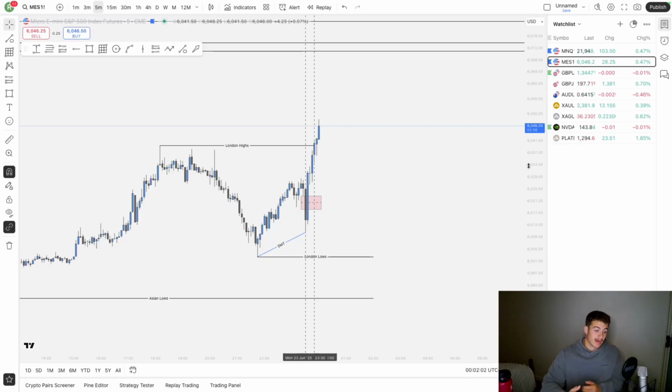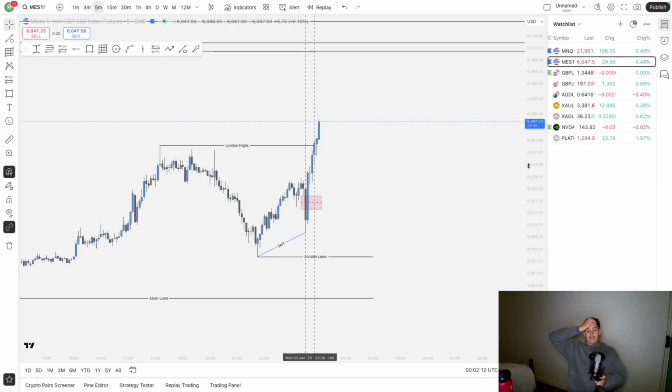That is a big part of trading. I've been getting a lot better at this recently, accepting the losses, but I do still struggle with that. That's probably one thing I really do struggle with. I've been killing it recently though.